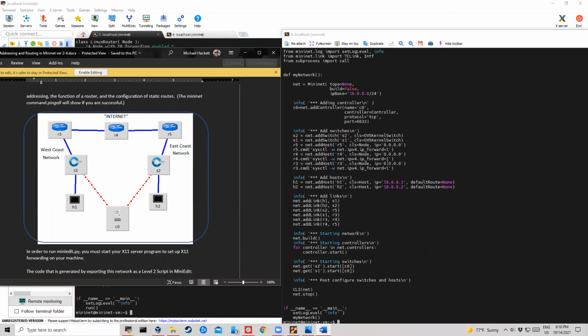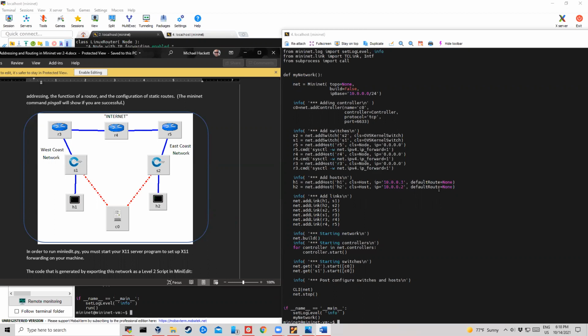So we have to configure that IP, and then basically we would just put that IP over here in host 1's default route. So that's how it would know. And then the same thing for router 5. We'll assign that an IP and then put that over here so host 2 can get to it.